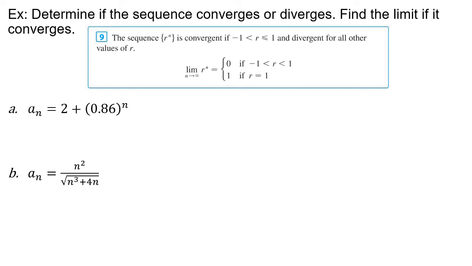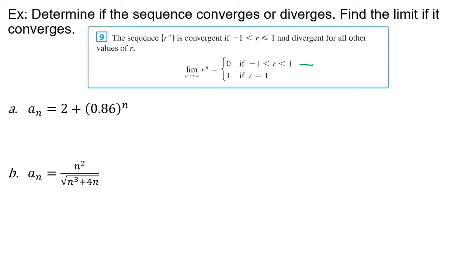There is a little theorem that goes along on this one that says if you had a ratio R to a power, that sequence converges if R is between -1 and 1, including the 1, but not including the -1, and is divergent for any other value of R. And so all you're looking for here is to see if your ratio is between those two numbers, and if it is, it will converge to 0 if it's strictly between the two values.